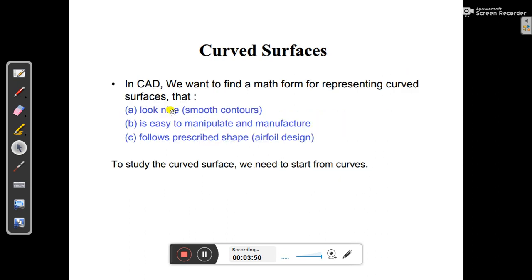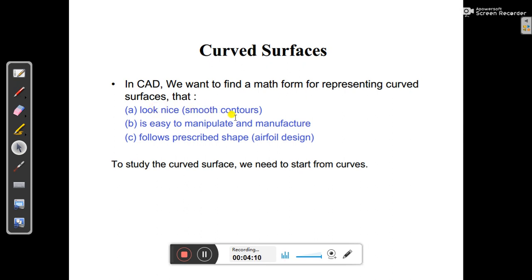In computer aided design, in many applications like mechanical engineering and civil engineering, we try to find a mathematical form to represent curved surfaces so that they look nice.